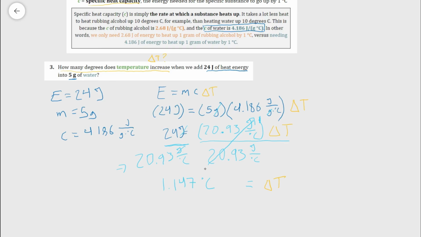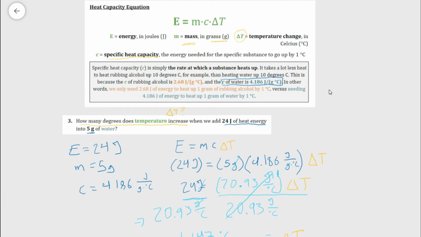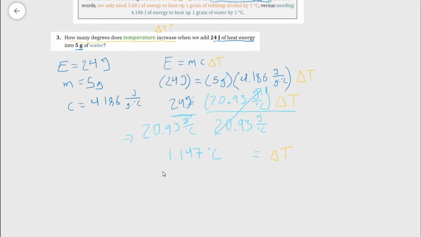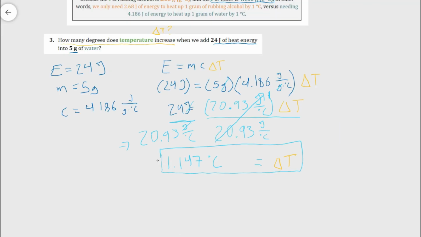And look at that, we're looking for a change in temperature, and just to double check, I'm going to scroll up here. Our temperature change should be in Celsius. Given that it is in Celsius, in fact, we can be pretty confident that this is the temperature change. The question asks once again, how many degrees does the temperature increase?